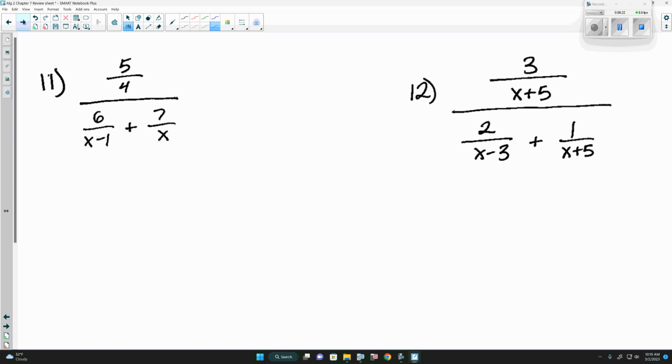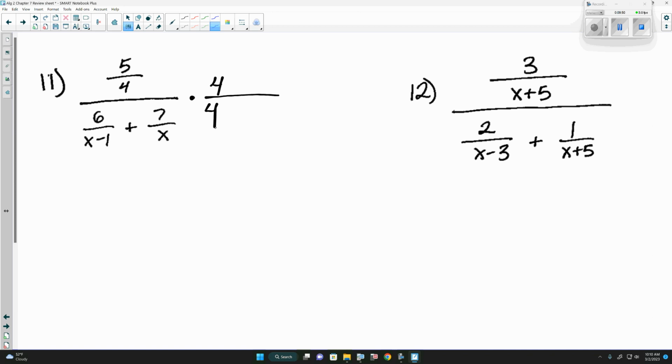Now with 11, 12, and I believe 13 are complex fractions. We want to multiply the entire numerator and denominator by an expression that will cause each of the individual fractions to simplify. So if we look at the numerator, it has a denominator of 4. So if I multiply 5/4 by 4, the 4 and 4 will cancel, simplifying it down.